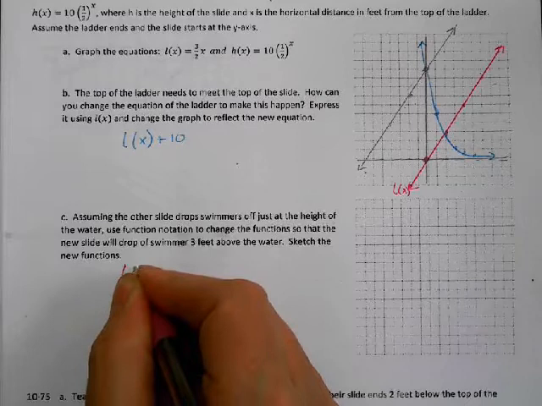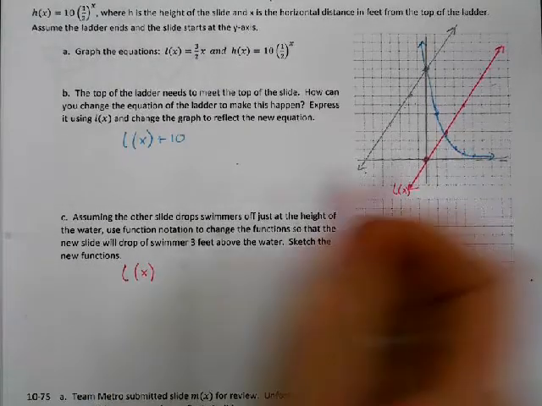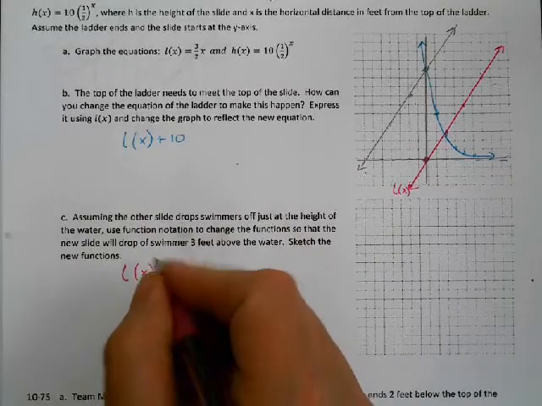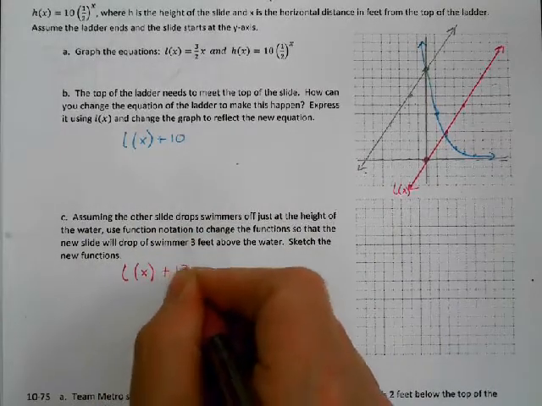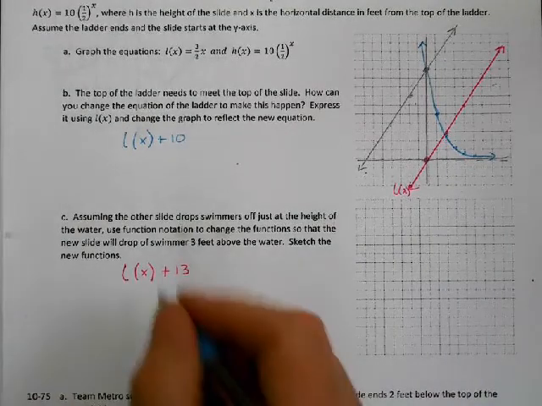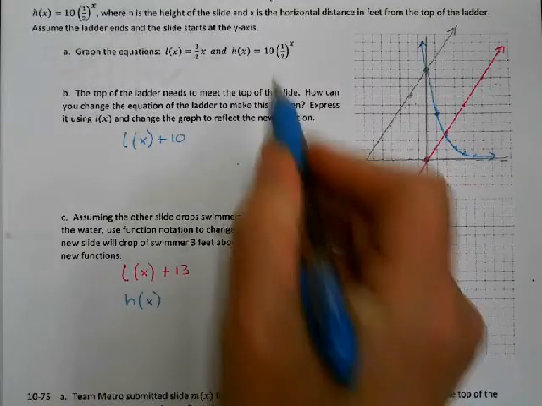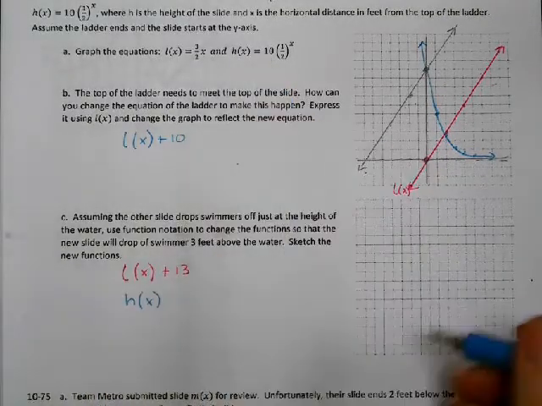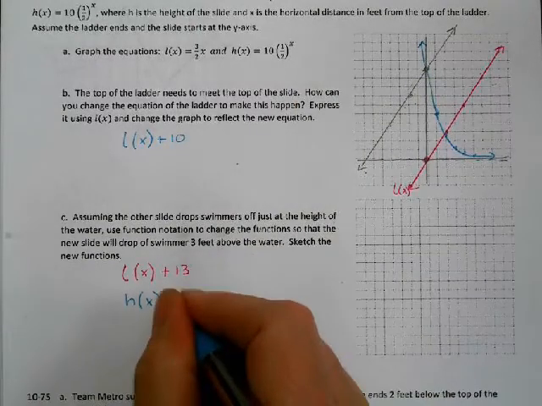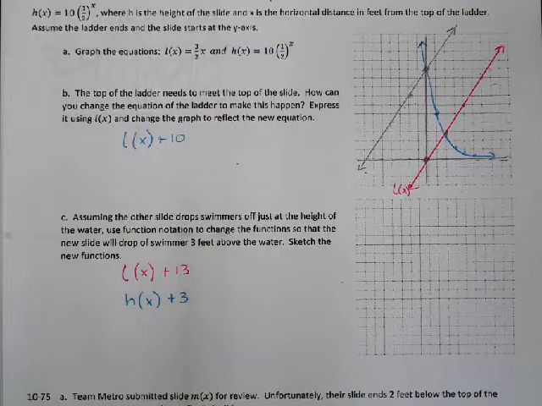I already moved it up 10, so I would end up moving it up 13. And then the slide portion, h of x, I haven't done anything to the slide. I want to move everything up 3, so I would shift it up 3 by adding 3 to the output. When I add 3 to the output, everything shifts up 3 units.